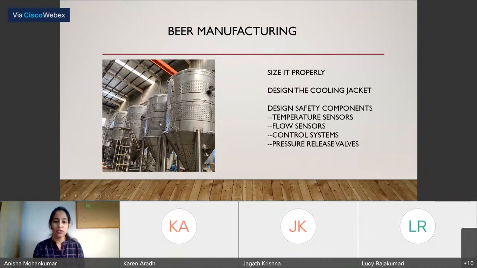And these reactors also require design safety components like temperature sensors, which let you know when the temperature goes too high or too low. Flow sensors control how much component is supplied into the reactor. Control systems control the flow of the system, and the pressure release valves check the pressure inside the vessel.